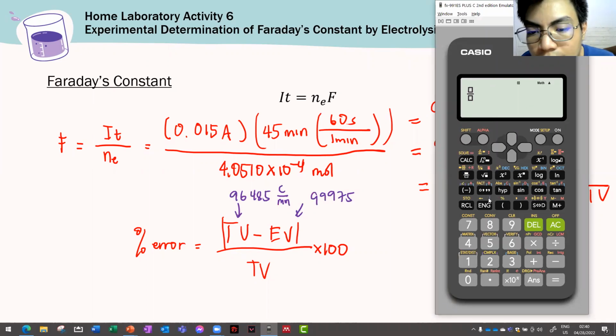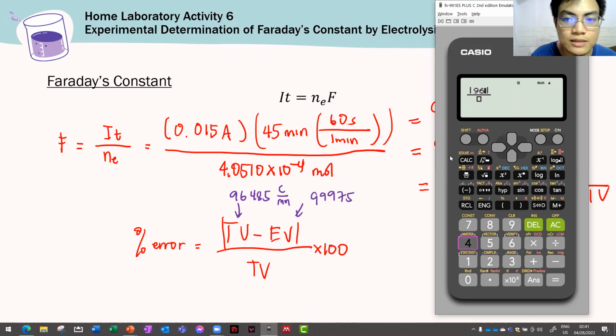So we need to get the absolute value. So where is it in the calculator? So this is the absolute value. So the true value is 96485 coulombs per mole.